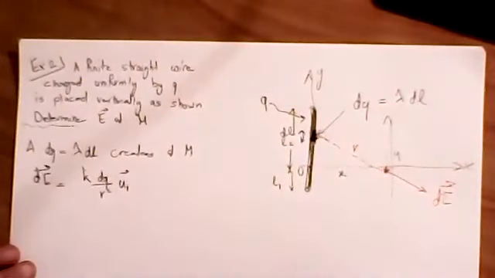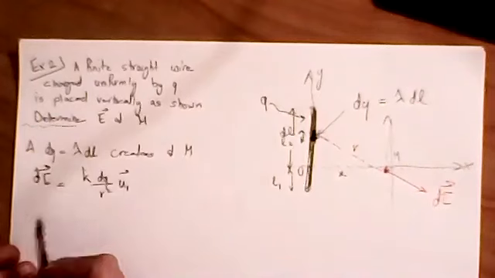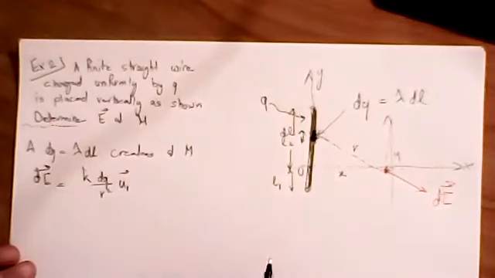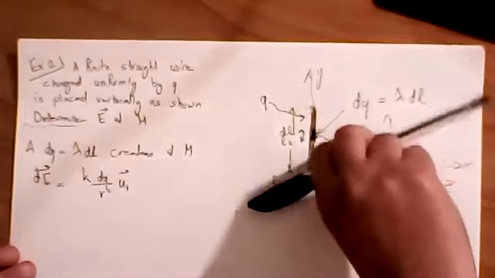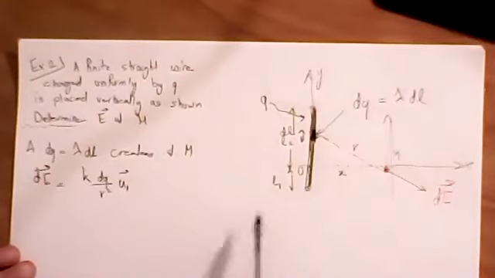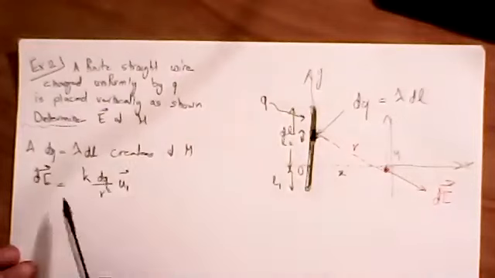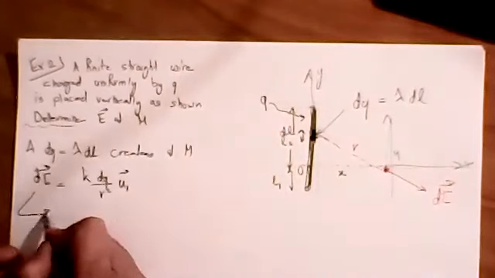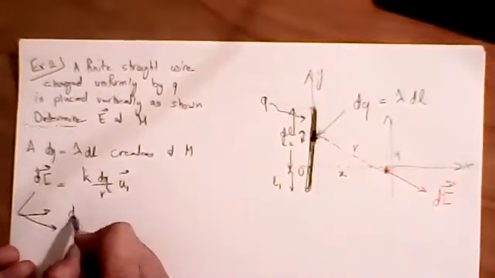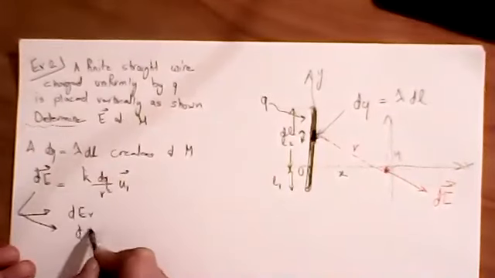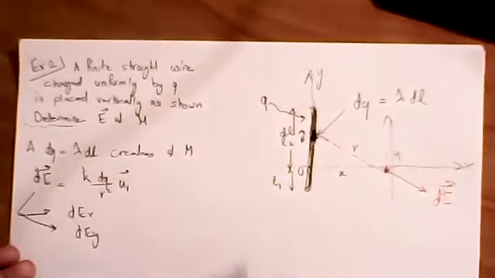Now I want the total E. I need to integrate, but integration means summation, and I'm not able to sum up vectors in different directions. I need to project DE along x and y. So I'm going to write it as DEX and DEY.